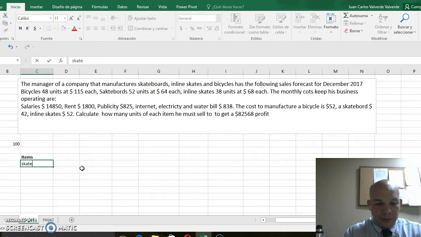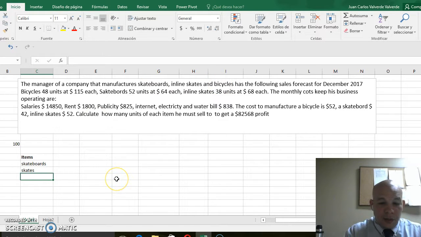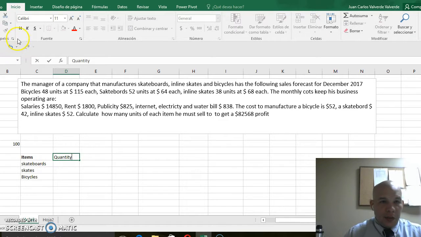Skateboards. We also have inline skates, and the next one says bicycles. Okay, here we write quantity, also in bold print.